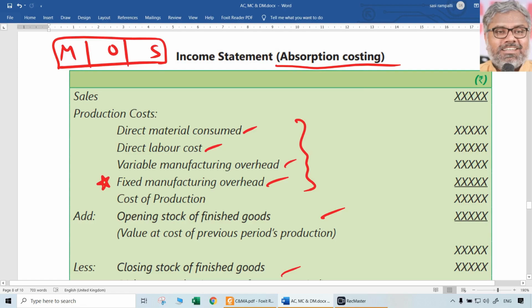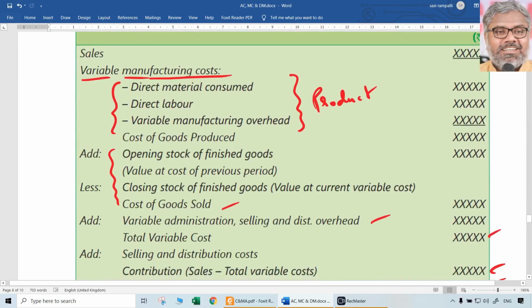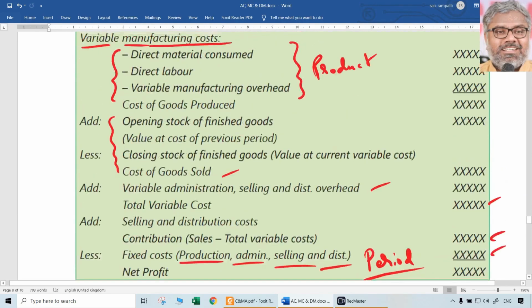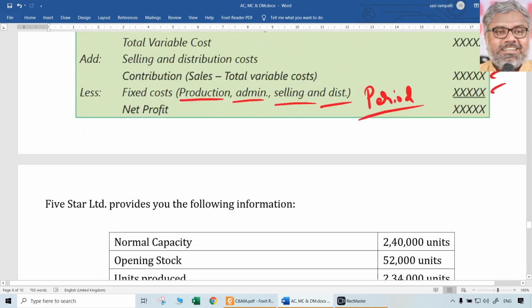For us, manufacturing overheads matter; fixed or variable does not matter normally. But here in marginal costing, that matters. Only variable manufacturing overhead is considered to be a product cost. Fixed manufacturing overhead is considered to be a period cost. To that extent, there will be a difference in the value of inventories. To that extent, there will be a difference in profit also.